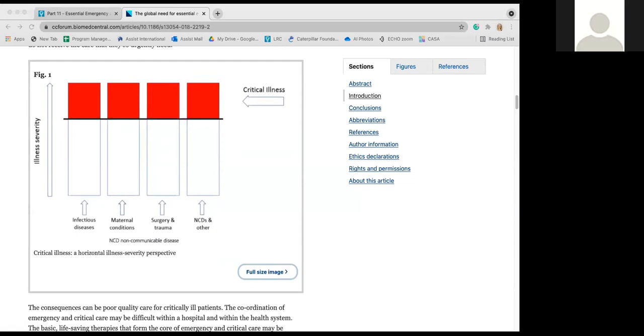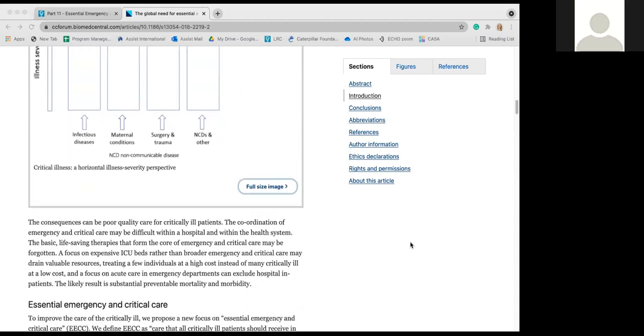And then non-communicable diseases, including hypertension, diabetes, and their complications, which can include myocardial infarction and stroke, for example. So those are the common conditions that each hospital should be able to manage. Let's go down.